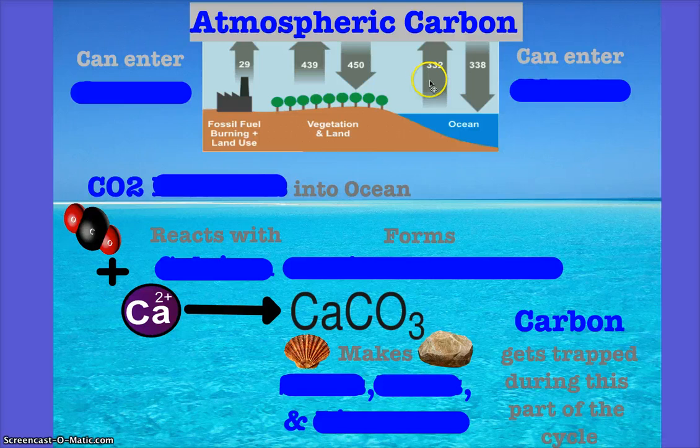Same thing with oceans. Oceans release carbon dioxide, but they also take it in. So they're getting rid of that gas that's in our atmosphere that's leading to climate change. When we burn fossil fuels, none of that comes back. So that's our extra output of carbon dioxide, is fossil fuels. So let's focus on how it comes back in.